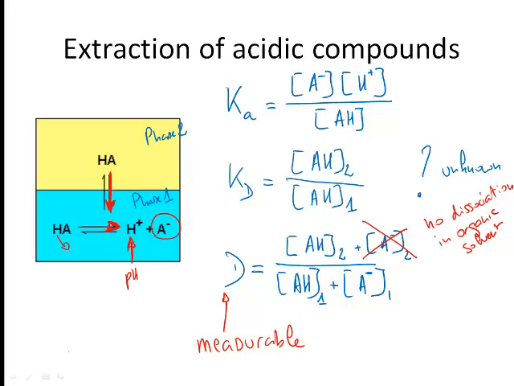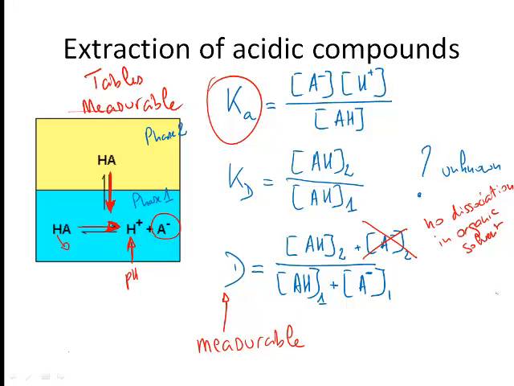And also Ka is well measurable. There are tables. For most organic acids, you will have the dissociation constant tabulated.